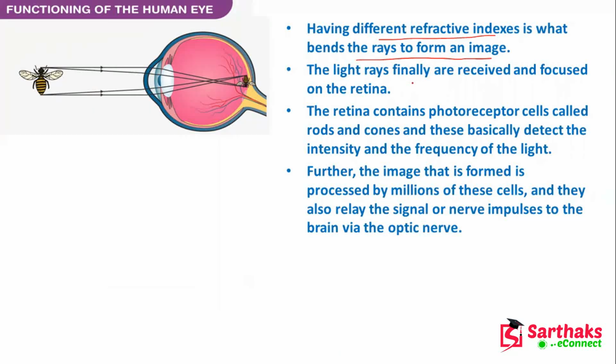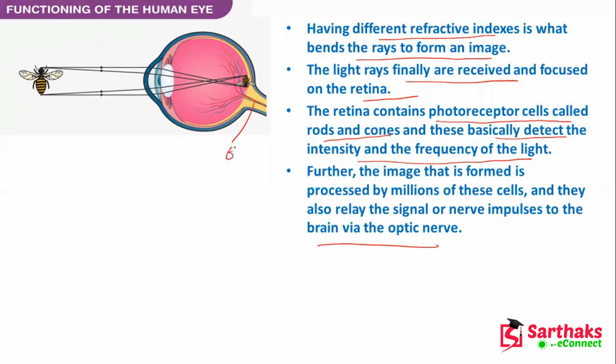The light rays finally are received and focused on the retina. The retina contains photoreceptor cells called rods and cones, and these basically detect the intensity and the frequency of the light. The image is processed by millions of these cells, and they also relay the signal or nerve impulses to the brain via the optic nerve.